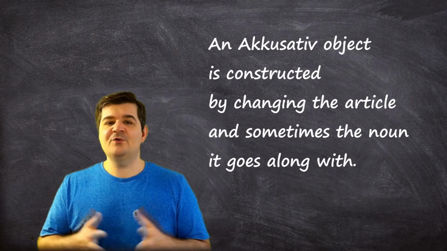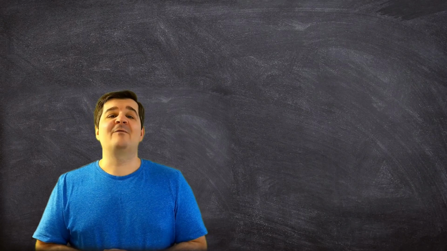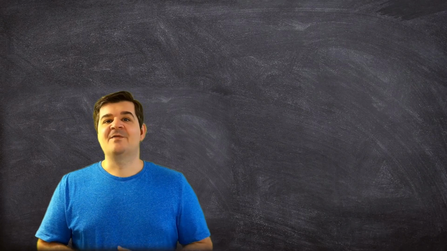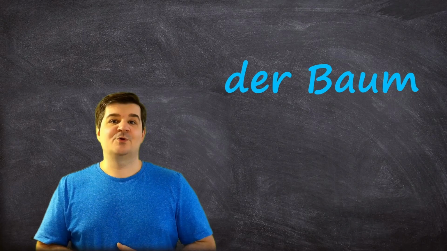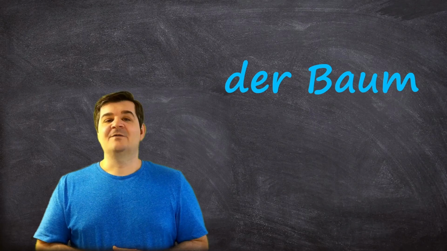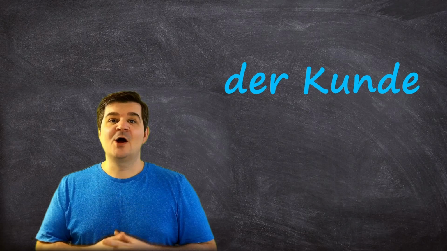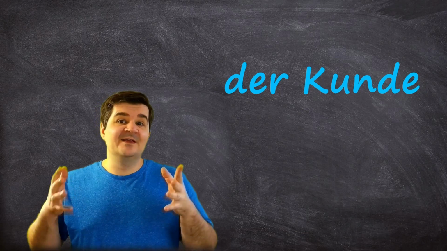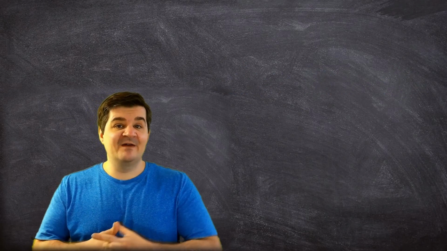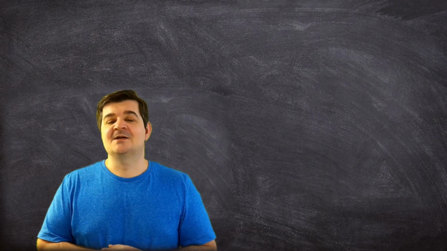In order to show you and make you understand how it works, in this video I will focus only on the male gender, basically using the words Baum, which you know from our previous lessons, tree, and the word Kunde, which means client. And we will need a subject, well, the nominative part of the sentence, that is going to do something with those words, with those accusative objects, so to speak.